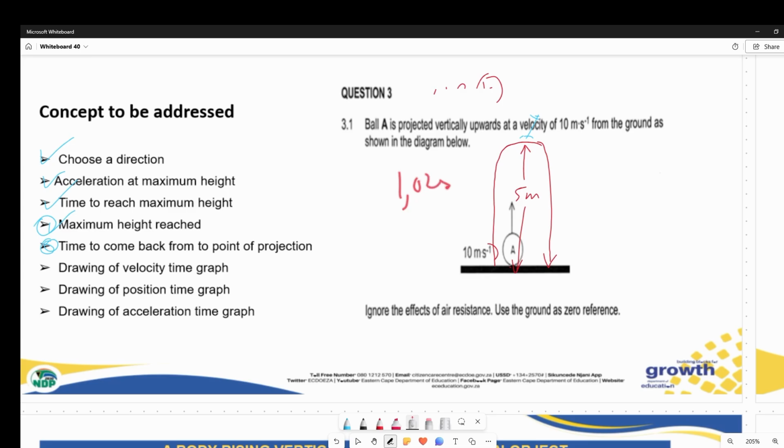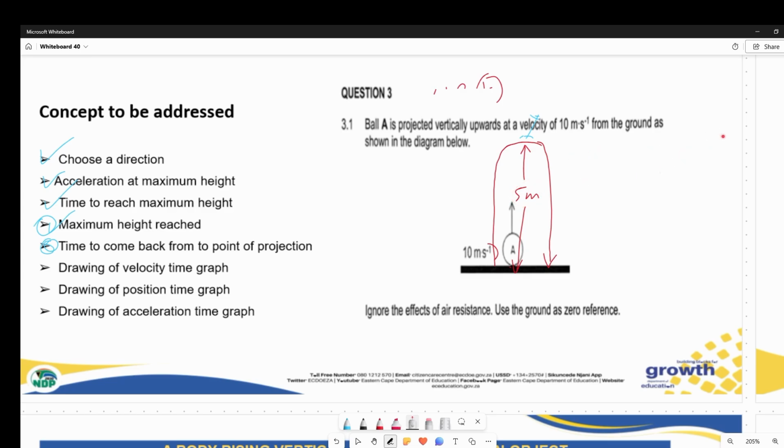Then now from point B to point C. Remember, this object is moving from point A to point B the same height as from point B to point C, and also under the same gravitational acceleration, in meters per second squared.